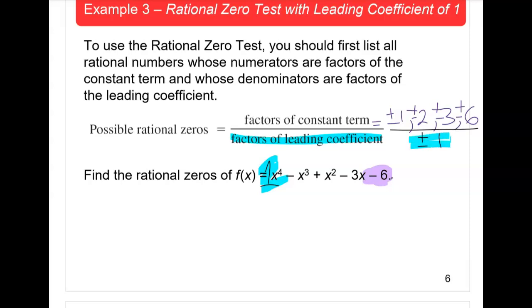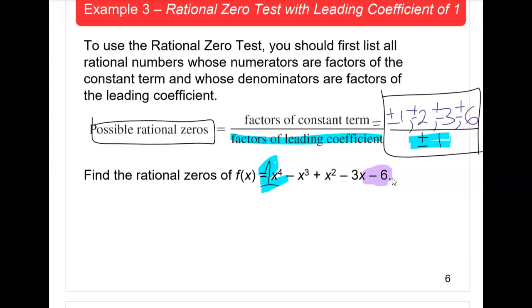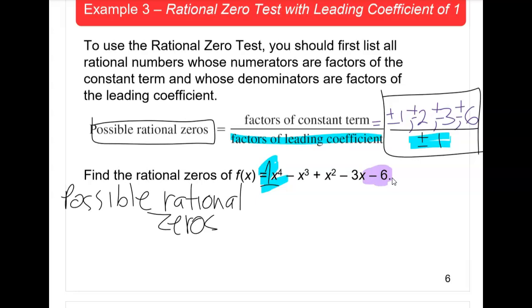So out of all the possible numbers that we could have here, which will be the possible rational zeros, and remember these are just possibilities, we're going to test them. That will be positive 1 and negative 1, positive 2 and negative 2, then positive 3, negative 3, positive 6, and negative 6.